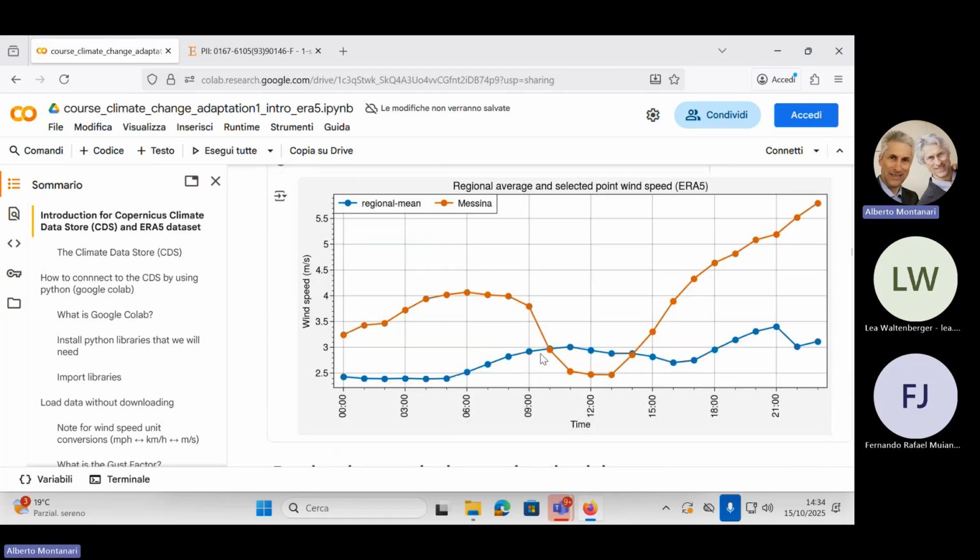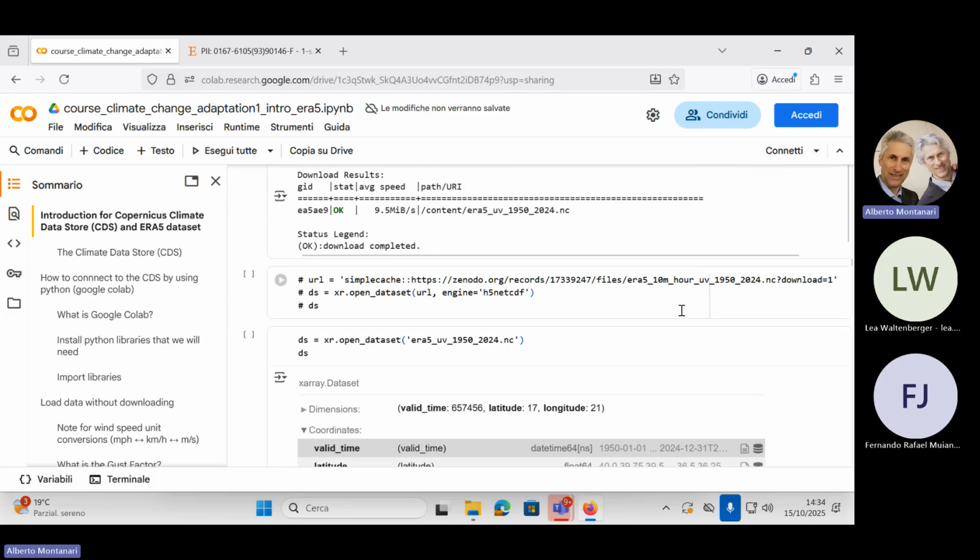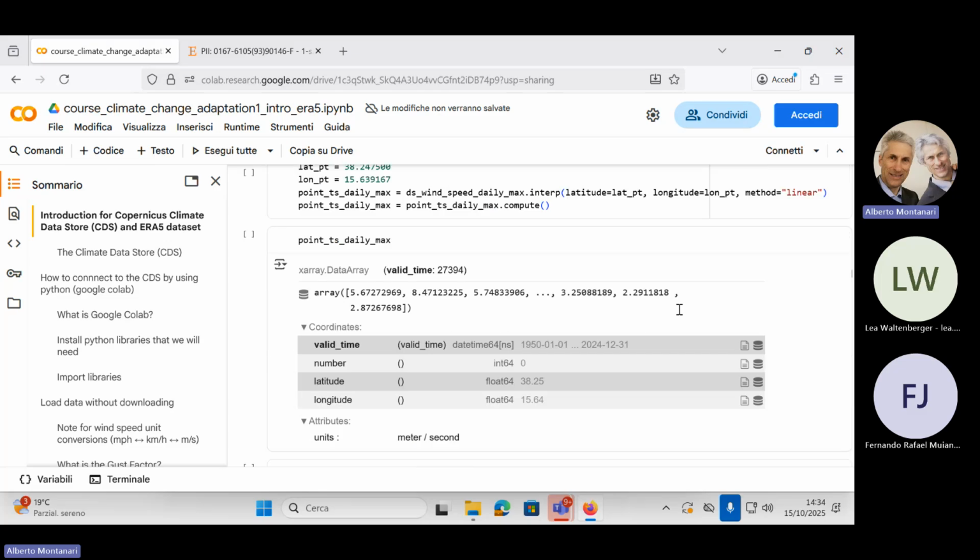Here there is an estimate of wind speed, the regional average and Messina, and you see that the speed is lower. This is in meters per second. This is basically not an extreme, but if we also look at the extremes, they should be somewhere here.